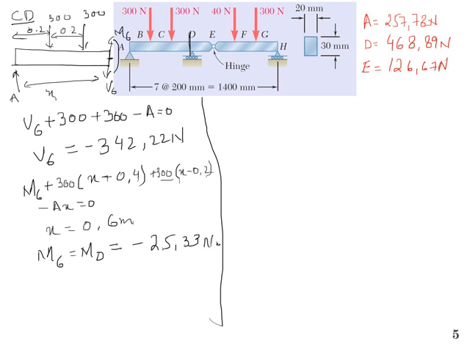Now let's take the last segment. Let me take a section just after D and remove this section, and I'm only considering DE. So this will be valid for section DE.